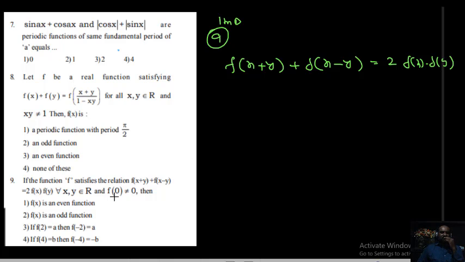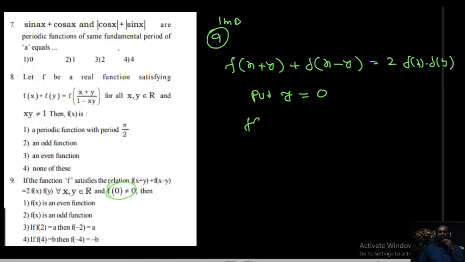Okay, f of 0 not equal to 0. What should I do now? Put x equal to y. If x equals y, we get f of 2x. But I want the f of 0 value, so put y equal to 0.